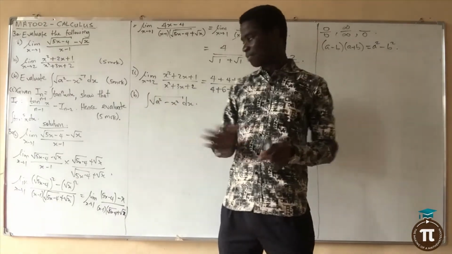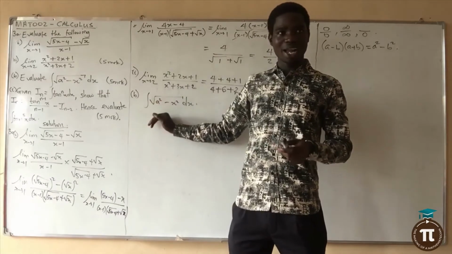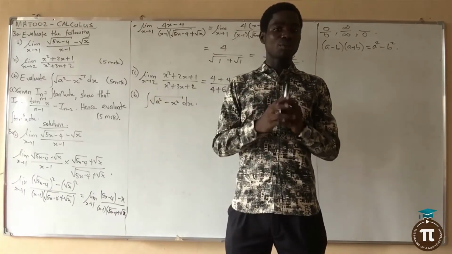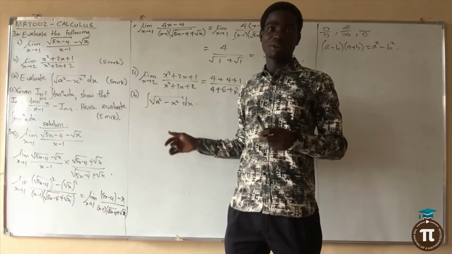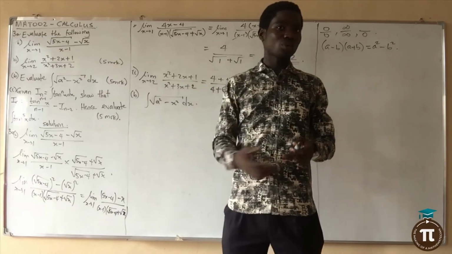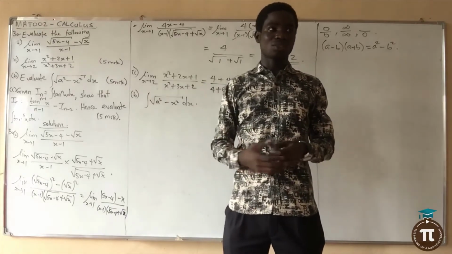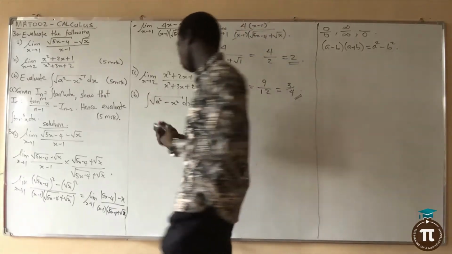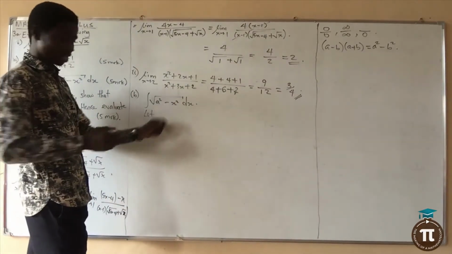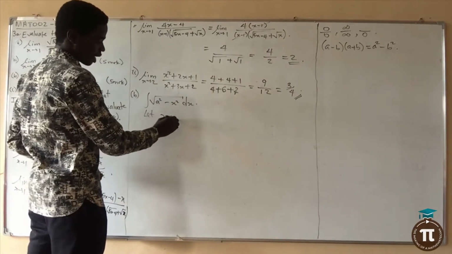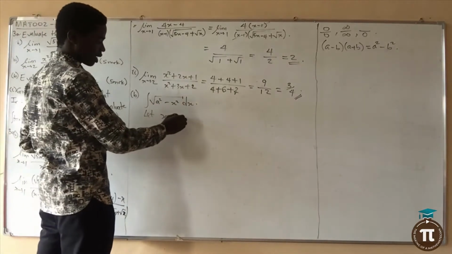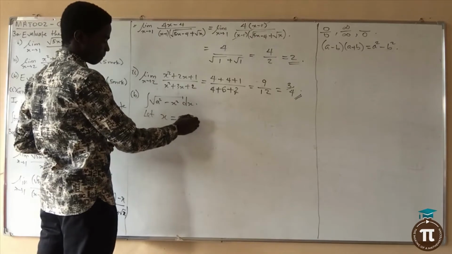Most especially, whenever you have an integral like the square root of a squared minus s squared, what should come to your mind is this substitution I'm going to write on the board. At times you might see square root of 9 minus s squared ds. So this is what you are going to do. You have s squared here, so you will let s be equal to what is here without the square root, a sine theta.